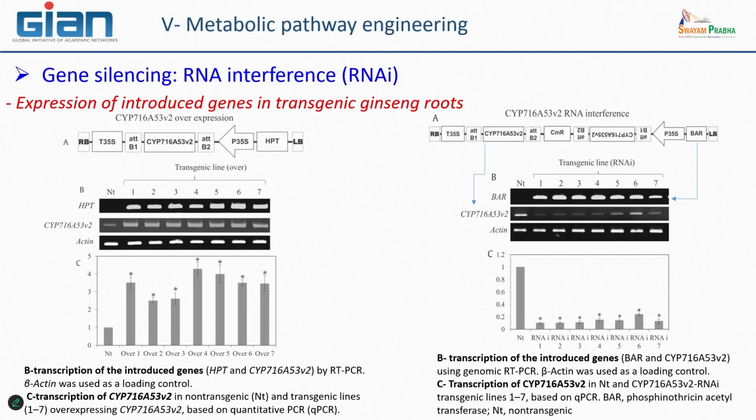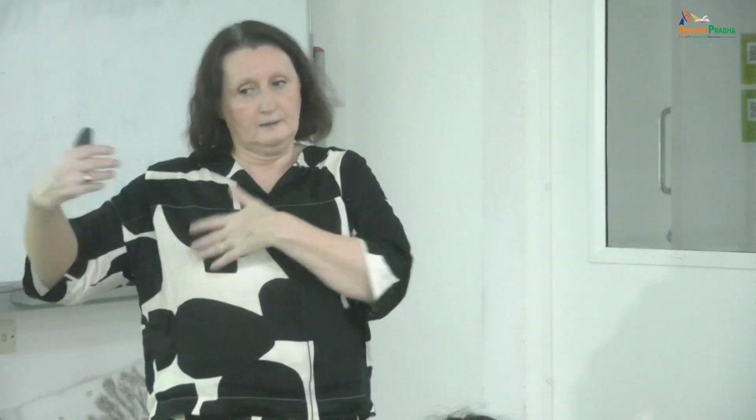Instead of silencing a gene, we can also overexpress the gene. And every time the two strategies are conducted in parallel in order to see what is exactly the effect of having more activity of one enzyme instead of having less or no activity of this enzyme.